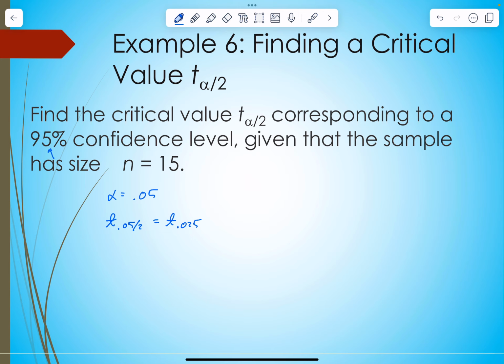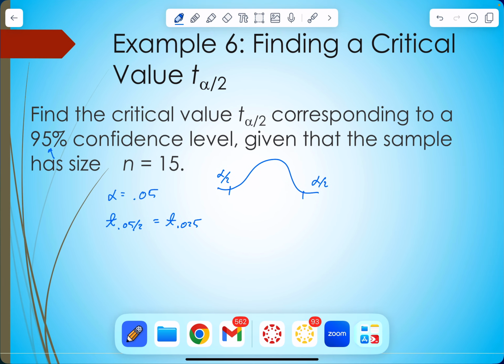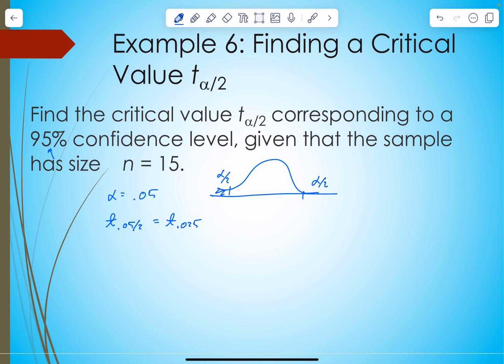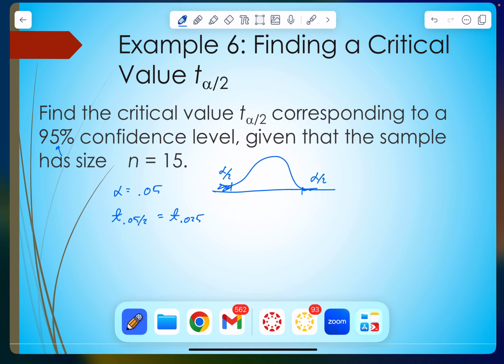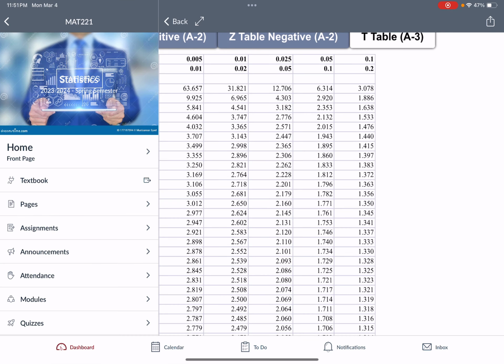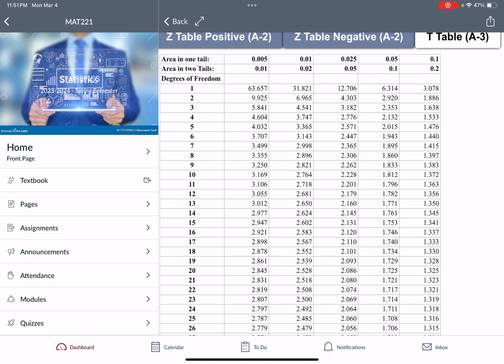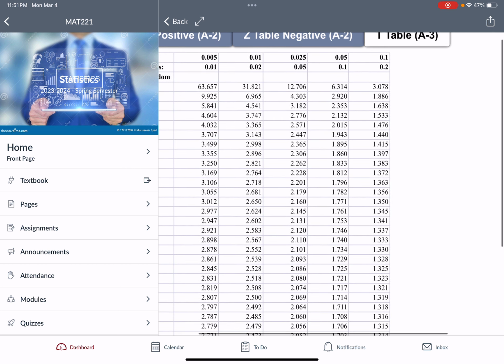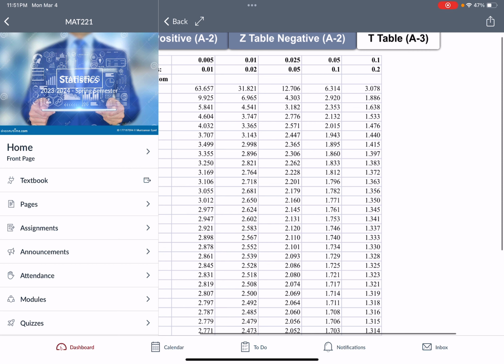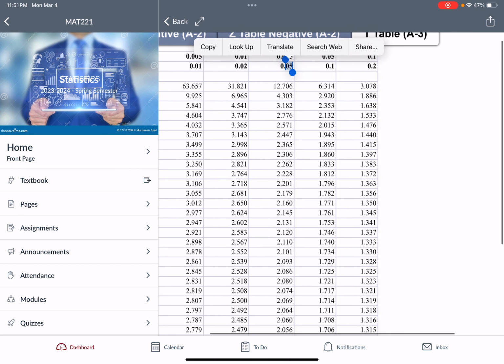And so what that means is you've got alpha over 2 on one side and alpha over 2 on the other, and the total area is 0.05. So let's go back to the table here. The total area in one tail, area in two tails, the total tail area. This right here, that's the table I'm looking for.